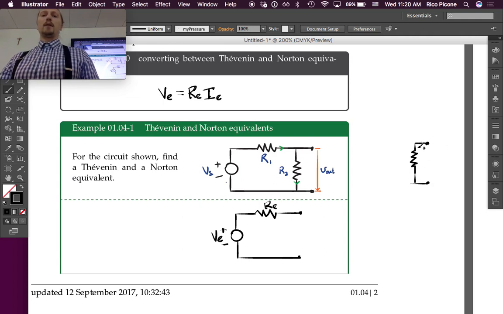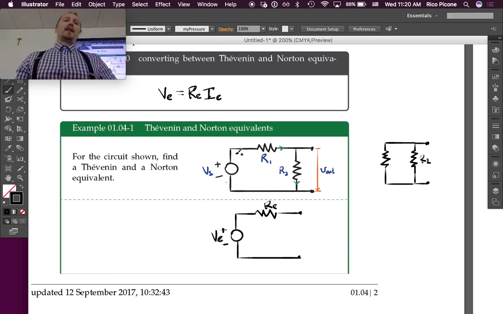We could just draw our R1 up here like before, but since we're shorting out the voltage source, this is actually what's left. I will entertain objections to that.